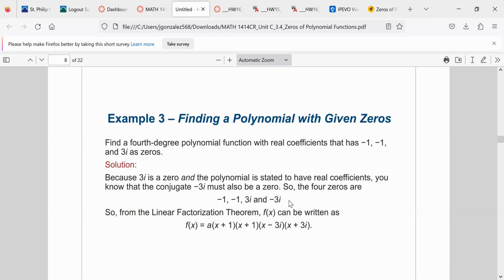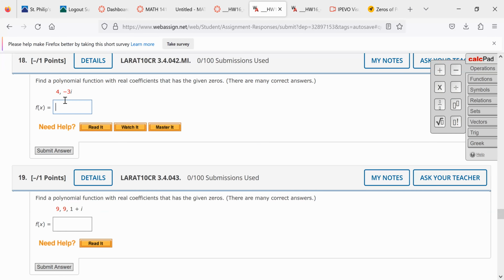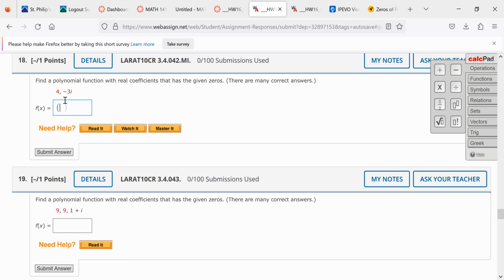And we also said that if a number is a zero, then you can write it as x minus each of those. So x minus a negative 1, x minus a negative 1, x minus 3i, x minus negative 3i. So you would end up with this bottom line. So here we should have x minus 4, right?